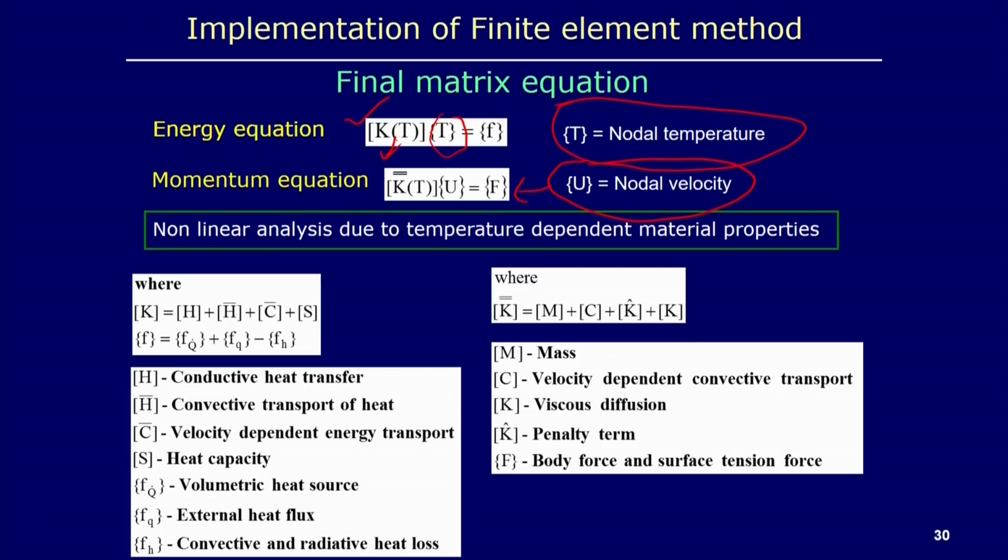So, these are the typical methodology. In case of the finite element method, we can solve these equations and find out the temperature distribution as well as the velocity field at each and every node point.